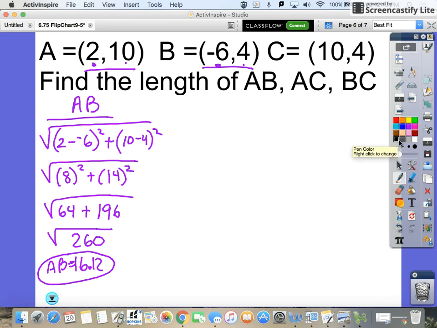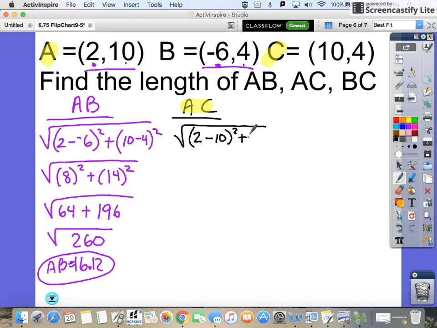Next, we will do, what does it say? AC. So when we do AC, that means we need to use this and this. So we're going to go 2 minus 10 squared plus 10 minus 4 squared.